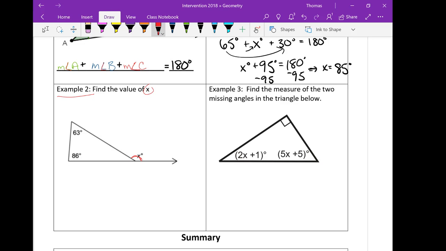So we need to figure out what we can do to work kind of backwards and figure out what we could do to get over here to X. What would be nice? It would be nice if we knew that angle right there, this one in black. If we knew that small angle that I put a question mark by, then we know the question mark angle and X together they form 180 degrees because that is supplementary angles.